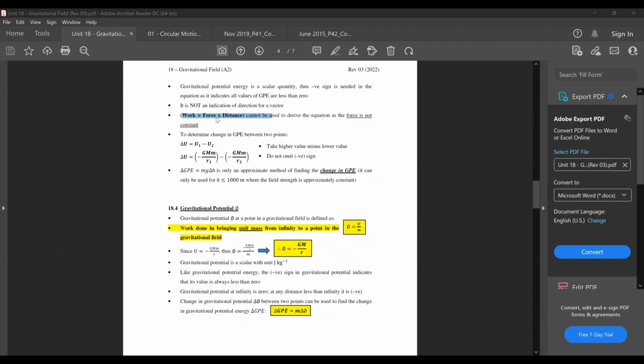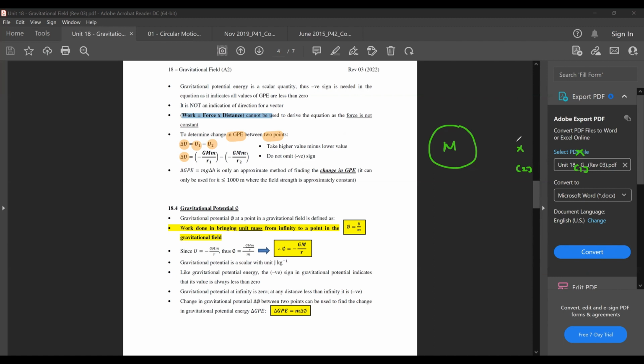If I'm interested to find the GPE between 2 points, I will just take the difference in GPE between those 2 points. For example, let me just draw something here for you. If this is my big mass M, and these are the 2 different points, say point 1 and point 2.